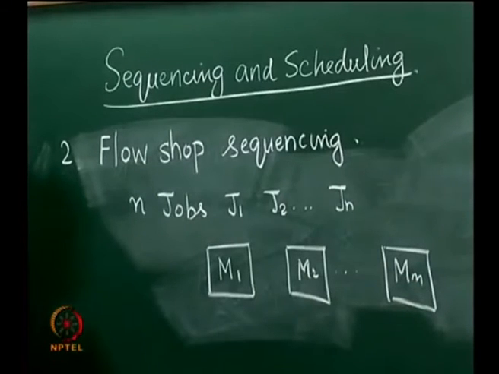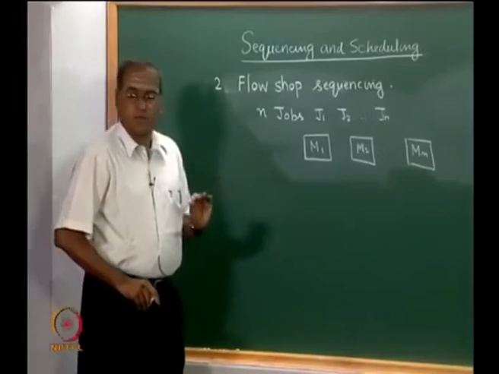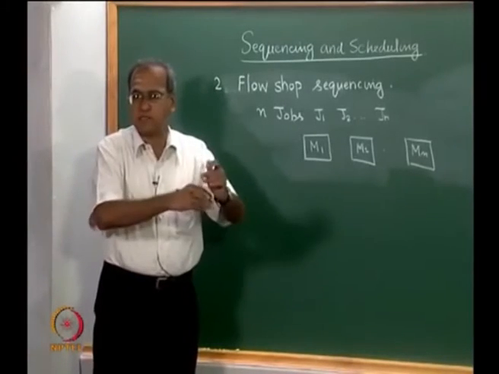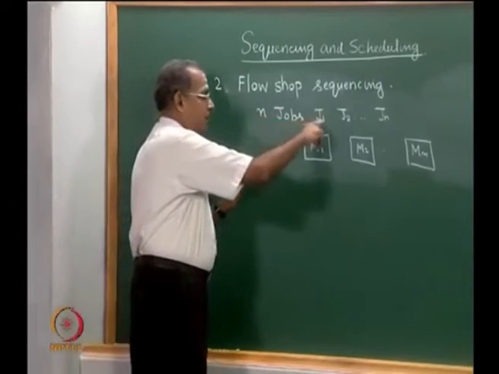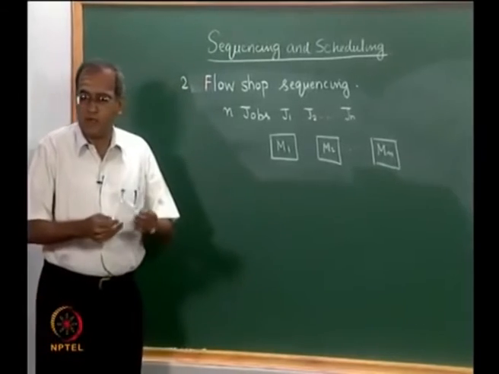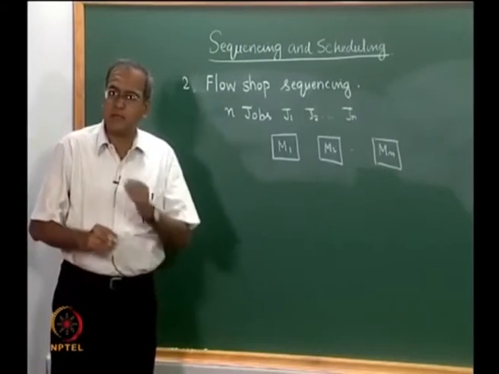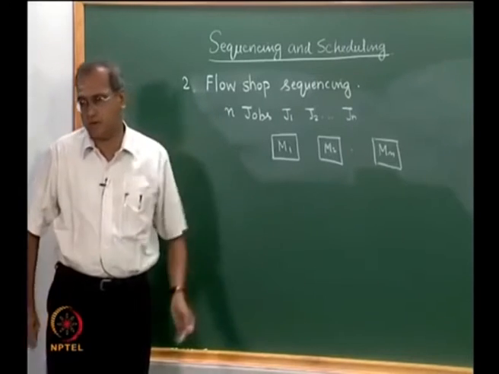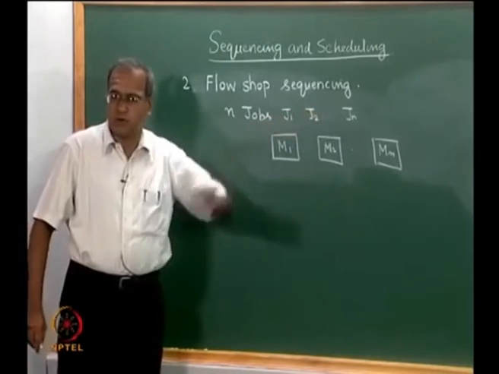An important condition in a flow shop is that all the jobs will have to visit all the machines in the same sequence. So, J1 requires processing on M1, M2, M3 up to Mm. It also requires processing in the same order, except that the processing times are different. The same with J2, same with J3 and so on.